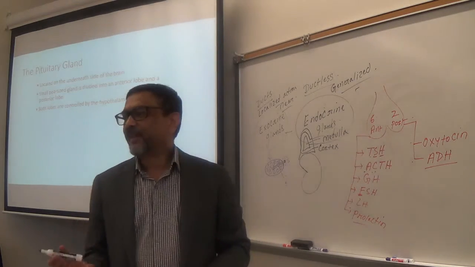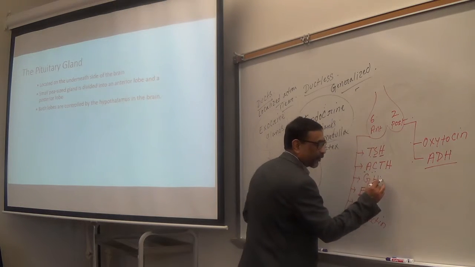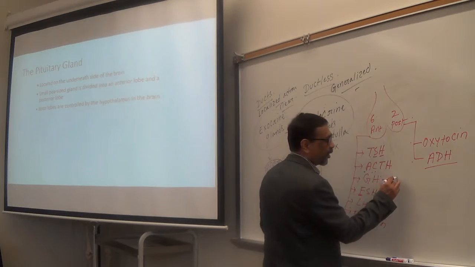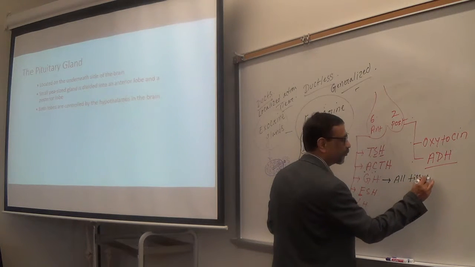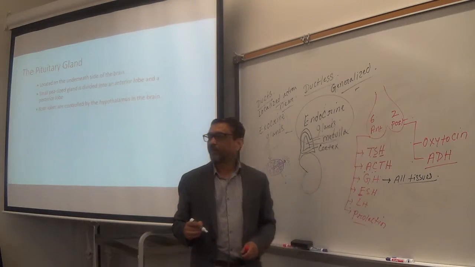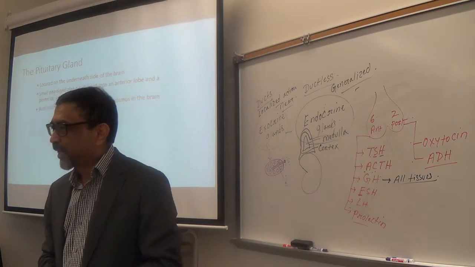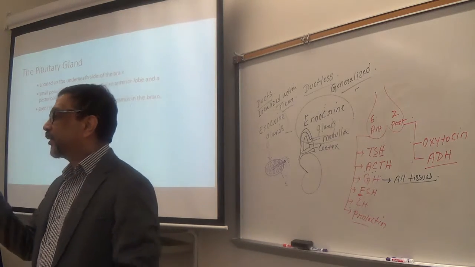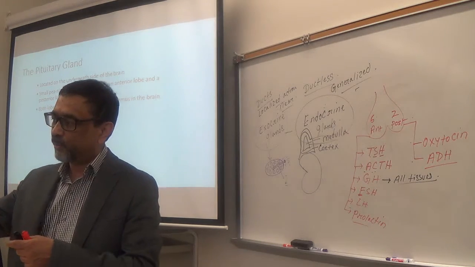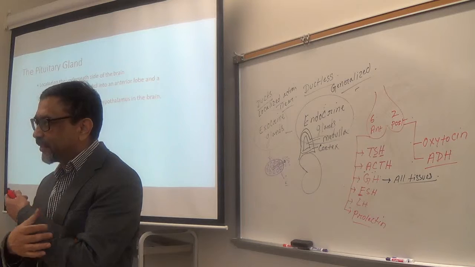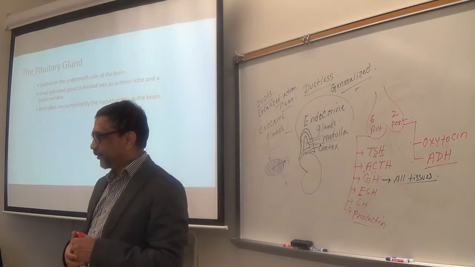Then growth hormone. Remember, it works on all types of tissues of the body. But the action of growth hormone is more prominent on two structures, skeletal muscles and bones. You can write it down.